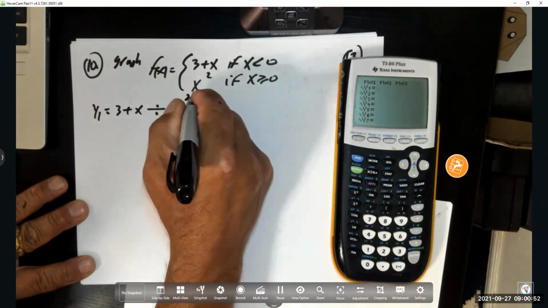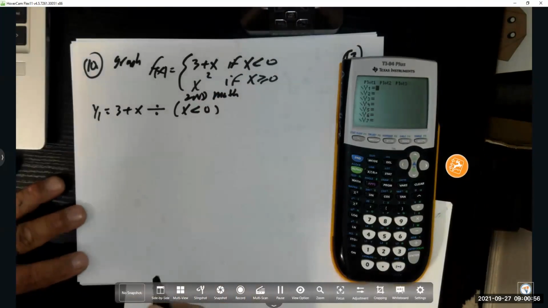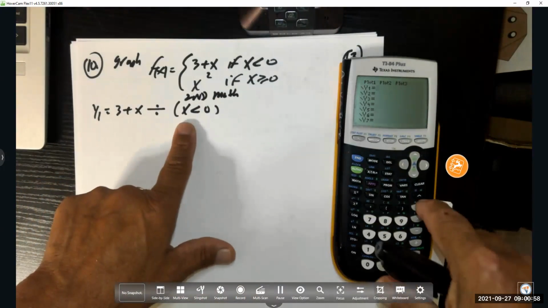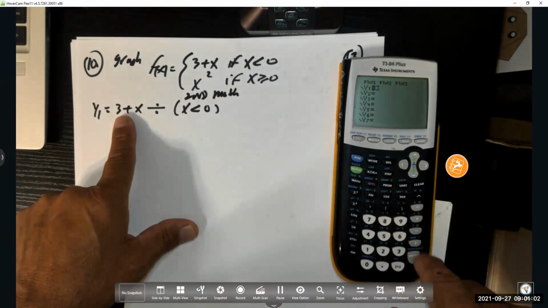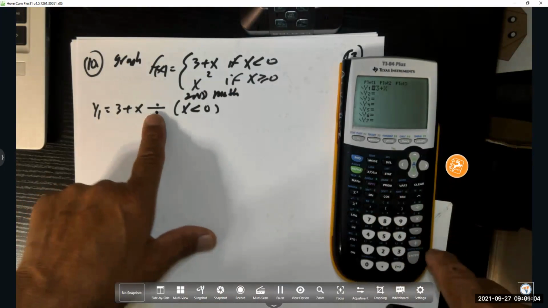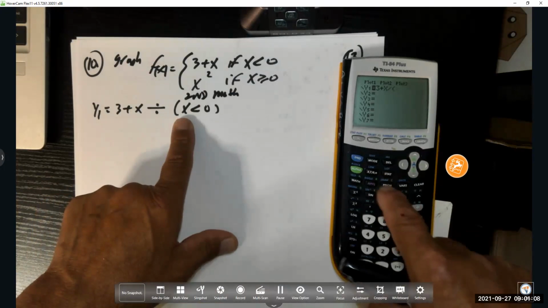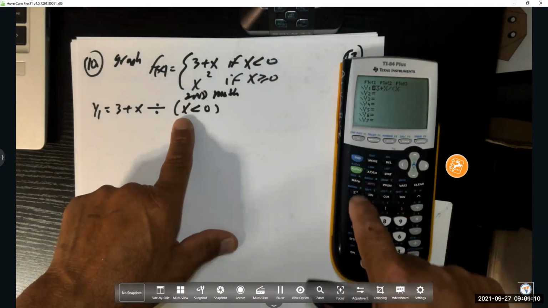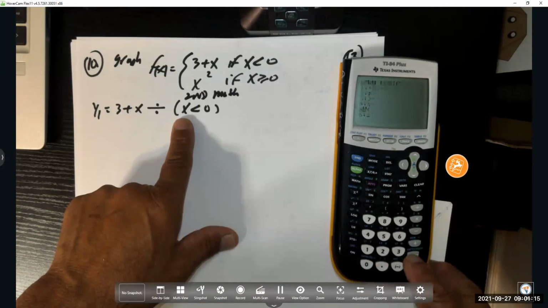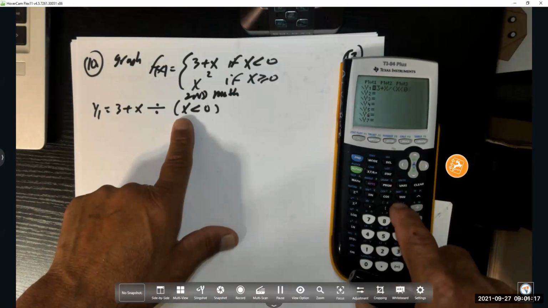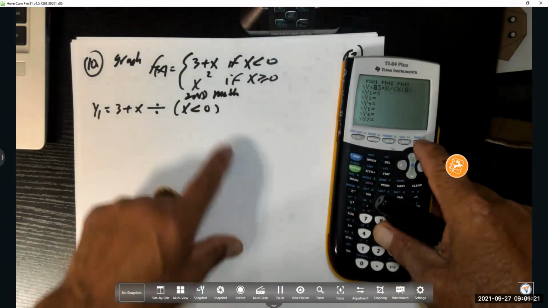You're gonna do second math. So we're gonna put 3 plus x, divide symbol, parentheses, x, second math, less than is that one. Then put 0, close it. Okay, then I'm gonna hit graph.